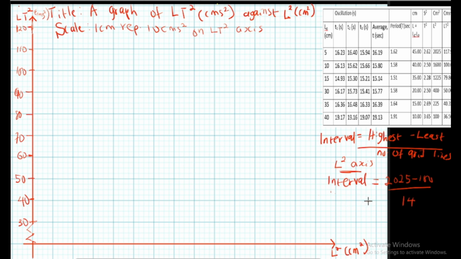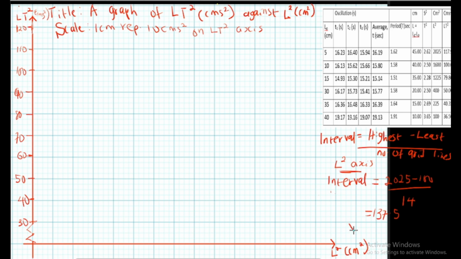Calculating this, we are going to get 2025 minus 100 divided by 14. That will give us 137.5. So this is our lower interval.